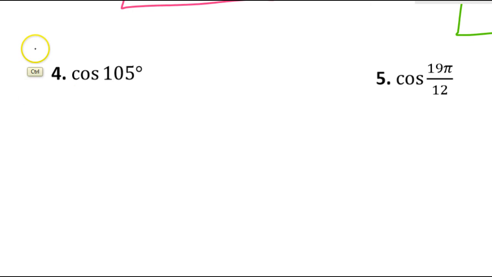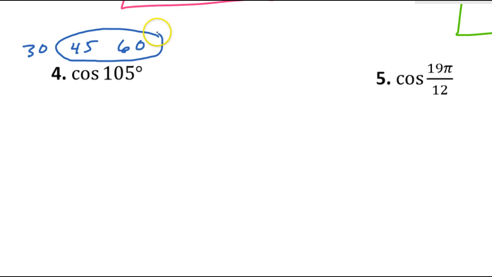Looking at number 4, remembering that our special angles are 30 degrees, 45 degrees, and 60 degrees, I'm noticing that if I were to add 45 and 60, that would make 105. So this would be the same as having cosine of 45 plus 60.